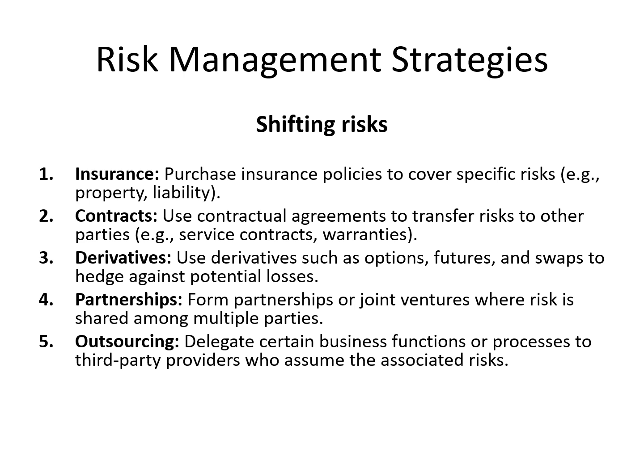Another strategy is shifting risk. The number one method of that is insurance. So if you're a real estate investor, you're going to make sure that you have property insurance against fire and other hazards that might destroy your property.